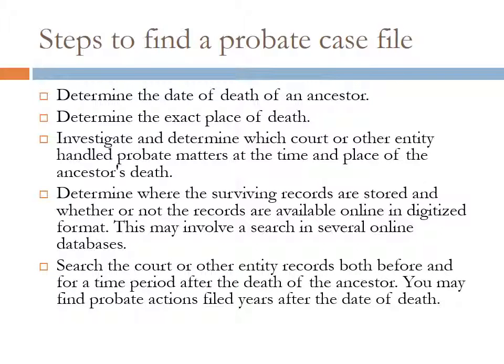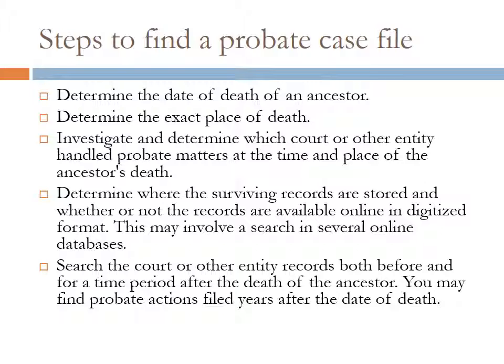Next, it's important to search the court or other entity records both before and for a time period after the death of the ancestor. You can really find that the probate actions could be filed up to years after the date of death. Sometimes the heirs simply did not take any action to probate the estate until some event, such as the sale of the real property, required a probate, and that could have happened years after the person actually died.